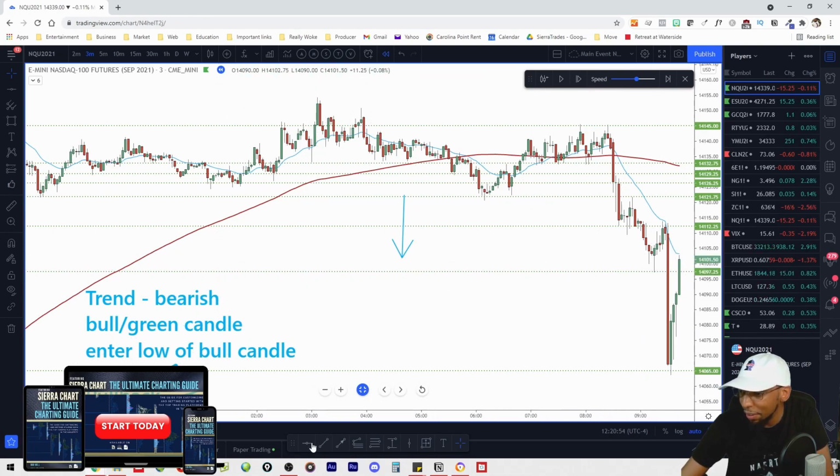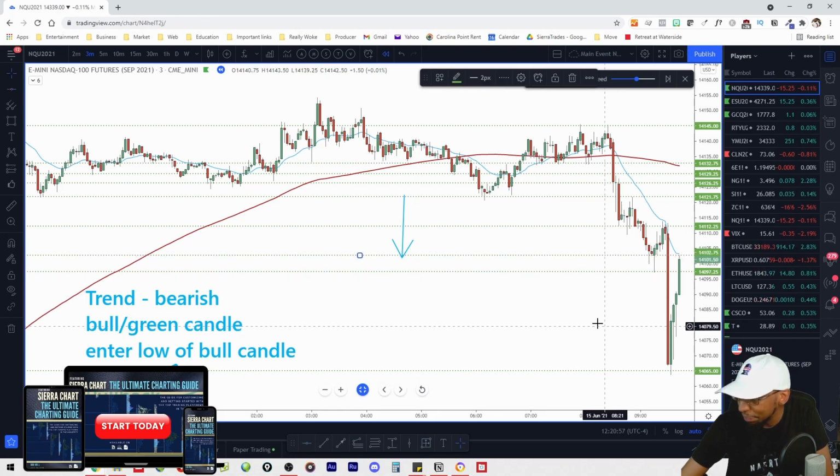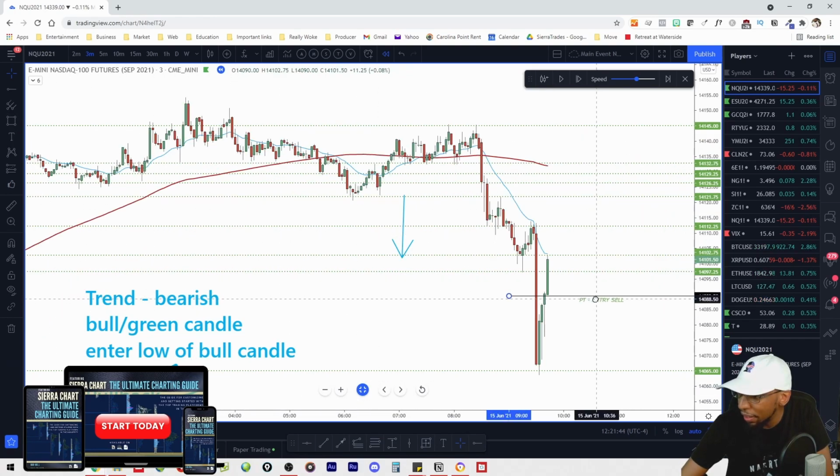So in the moment, we can also look at that as structure, and we can mark that off. We also do have structure right there. So technically, we can go ahead and put an order down there to take a short at the low of this opposite candle. All right, so let's step that forward.